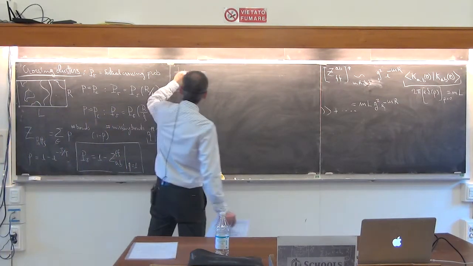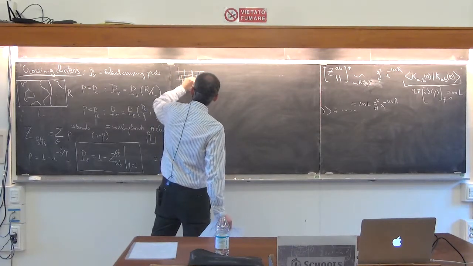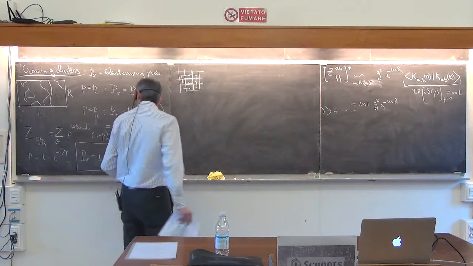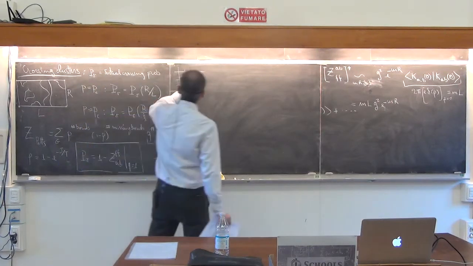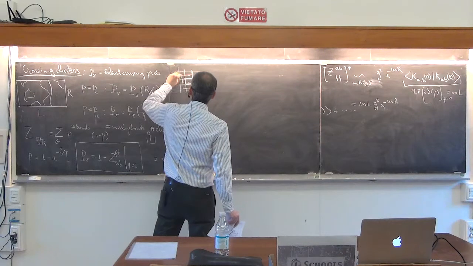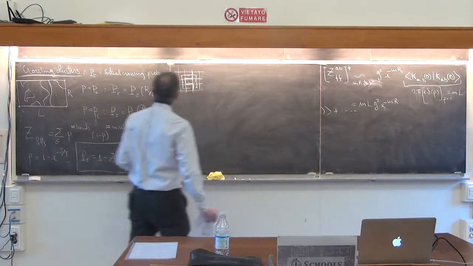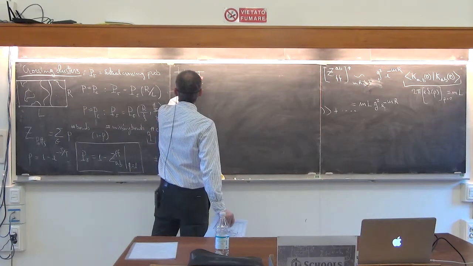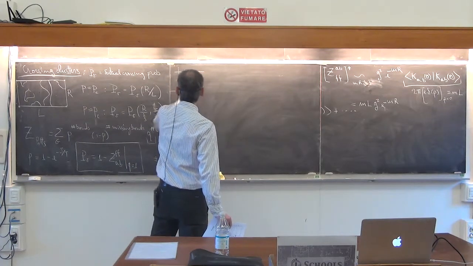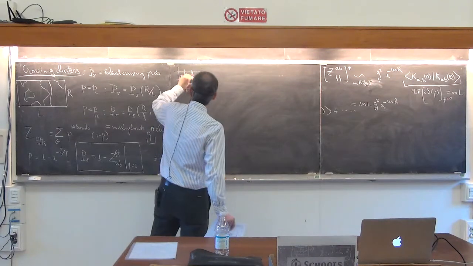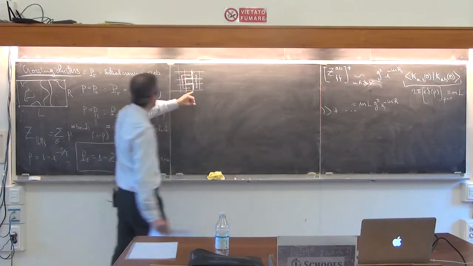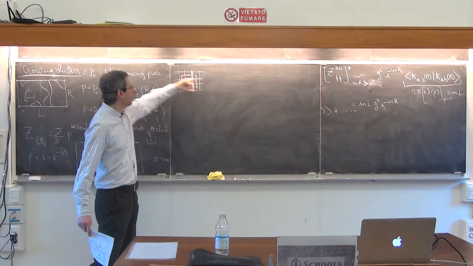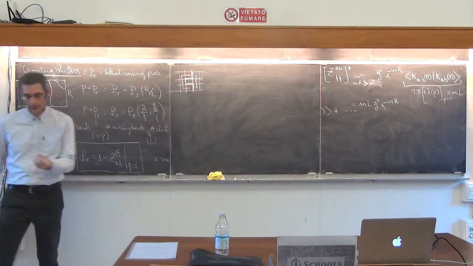So the corresponding configuration on the dual lattice would be this. And here there is no crossing possible. So in such a way, you see, if there is a vertical crossing in the original lattice, there cannot be a horizontal crossing on the dual.